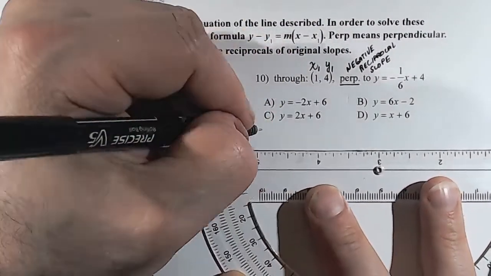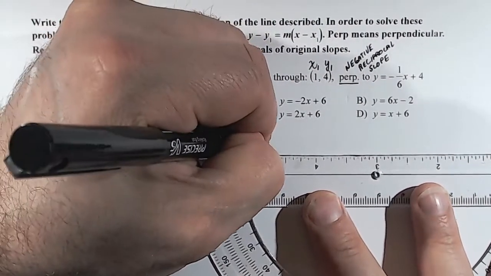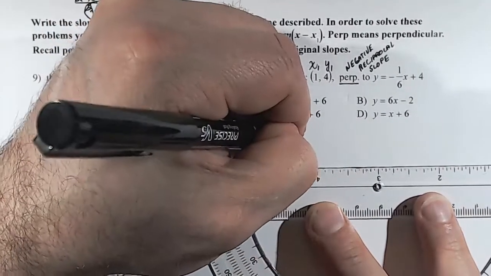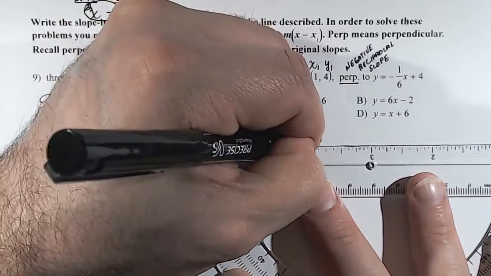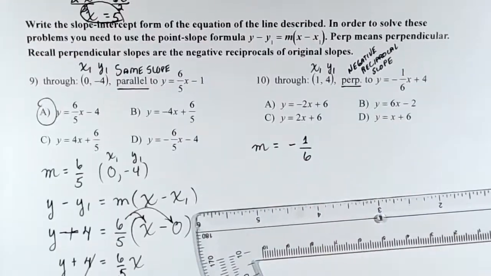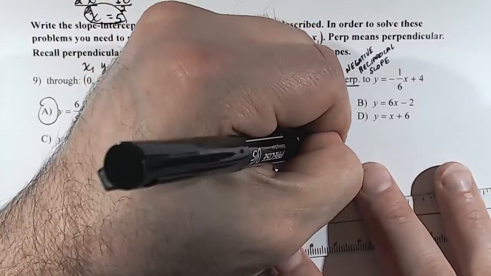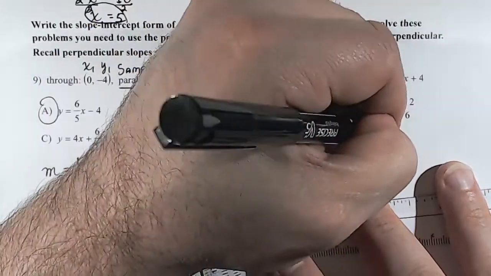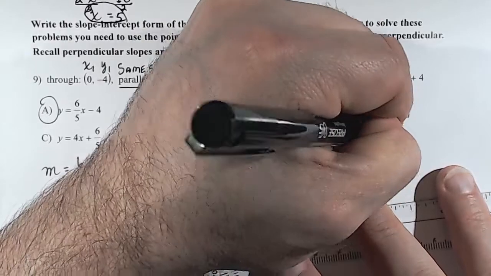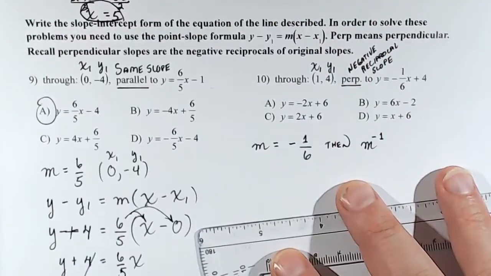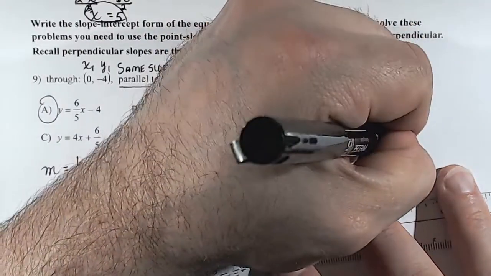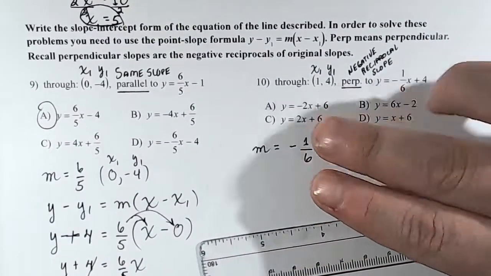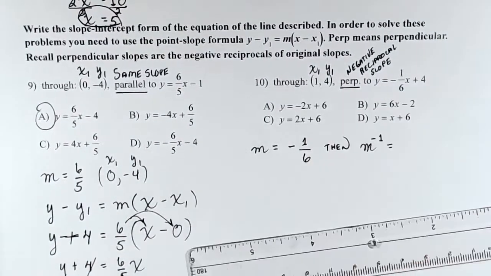A negative reciprocal slope. So what is our original slope? Okay, m equals negative 1 over 6. Well, if m equals negative 1 over 6, then the negative reciprocal slope, which I write m to the negative 1 power like this, is going to be equal to, what we're going to do is flip the fraction.